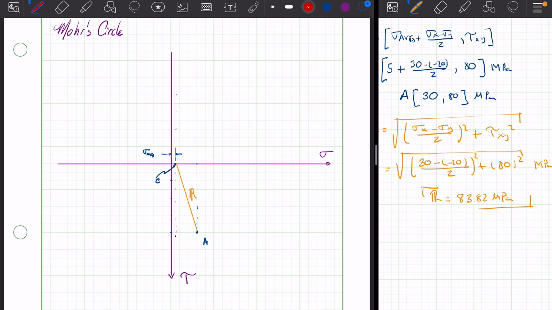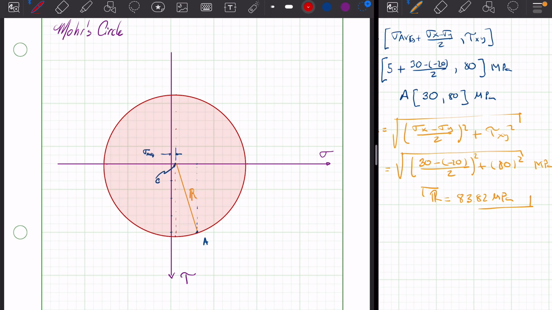So that's 83. This becomes 1, 2, about here, about there. So let's see if I can draw a circle that matches it. So I'm going to try to. That lines up more or less well. And that is the Mohr circle case that we have identified.